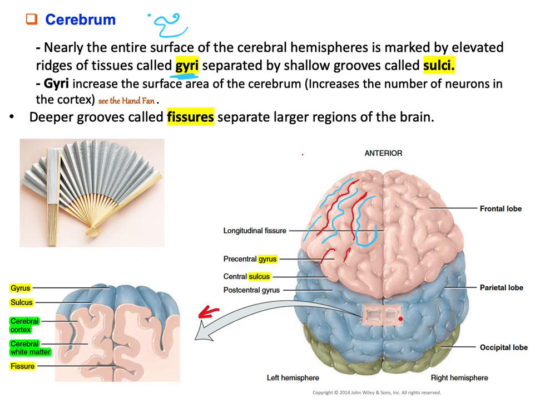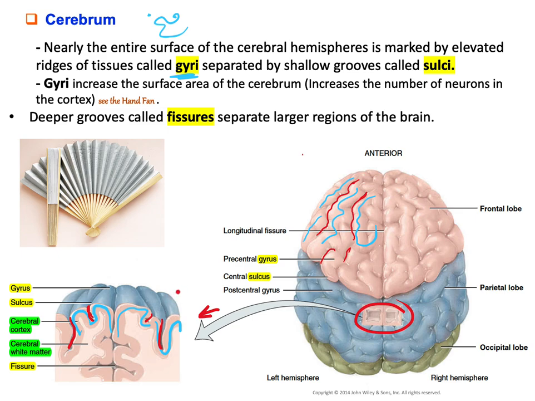So for example, this is a cross section from both cerebral hemispheres here. Look at the gyrus here. This is one gyrus, convoluted. Another gyrus here, gyrus here. So between these gyri, look, there are small shallow grooves called sulci.